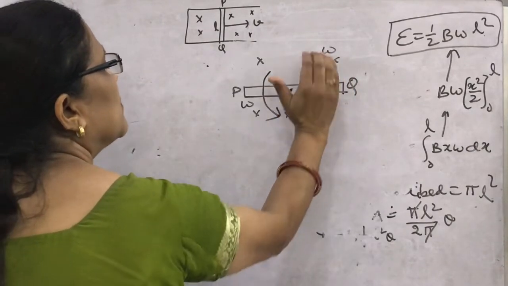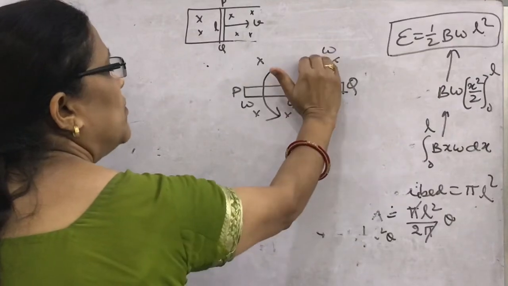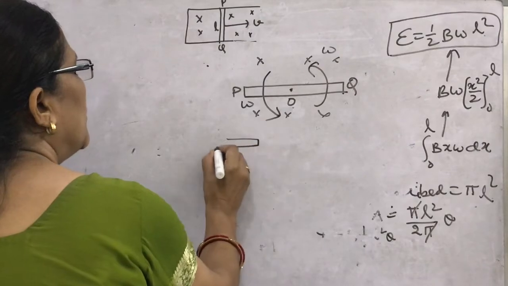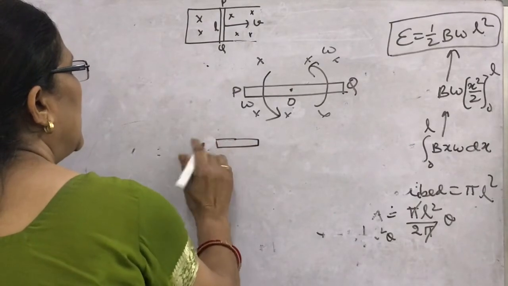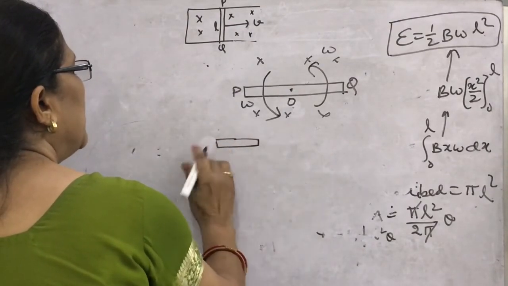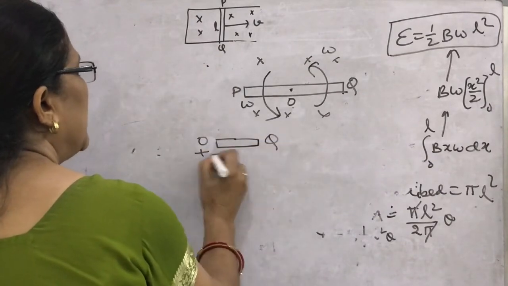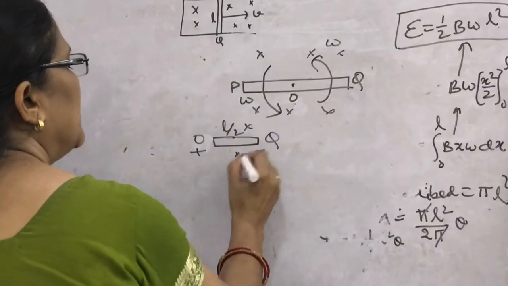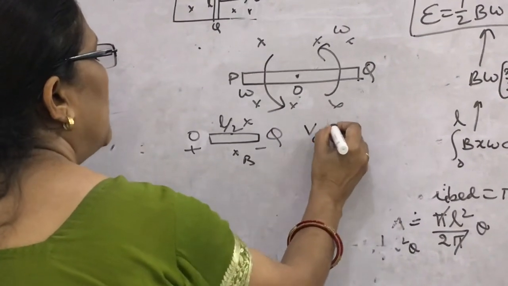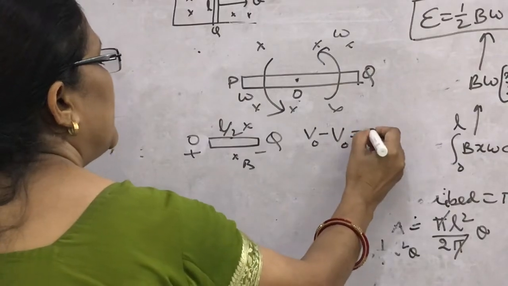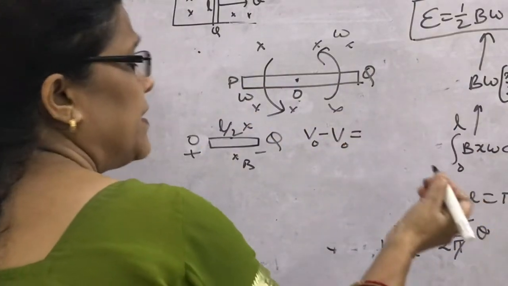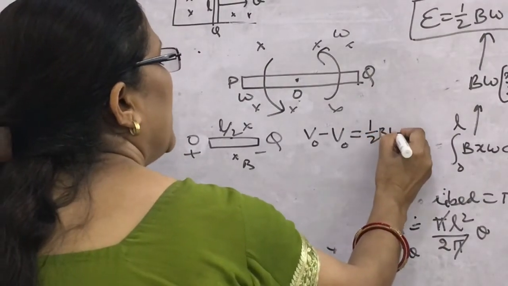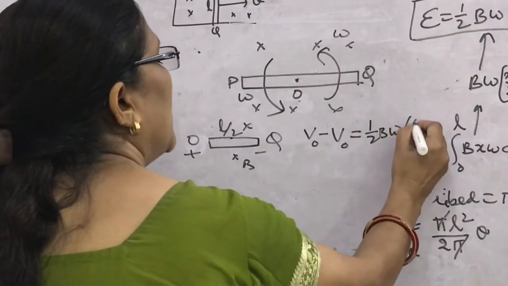Look how I am saying: B is downward, and the thumb is coming towards O. So for OQ, O will be at the positive terminal and Q at the negative terminal, with length L by 2 and magnetic field B. Then what is VO minus VQ? We have read half B omega L square, so half B omega, and in place of L you can write L by 2 square.